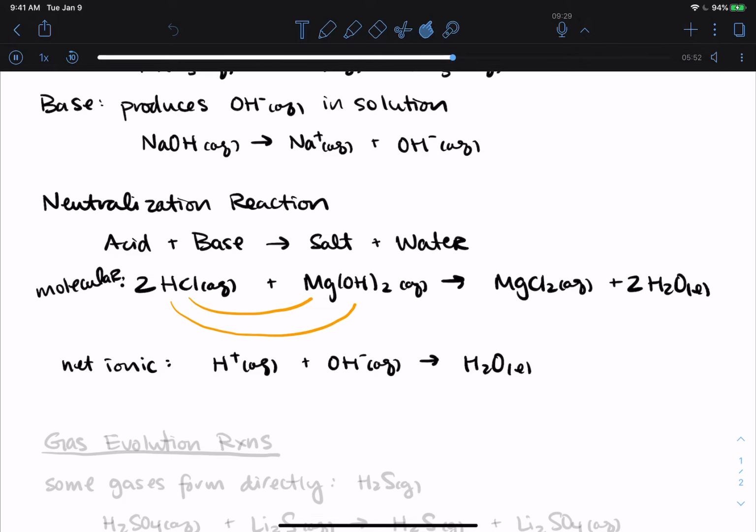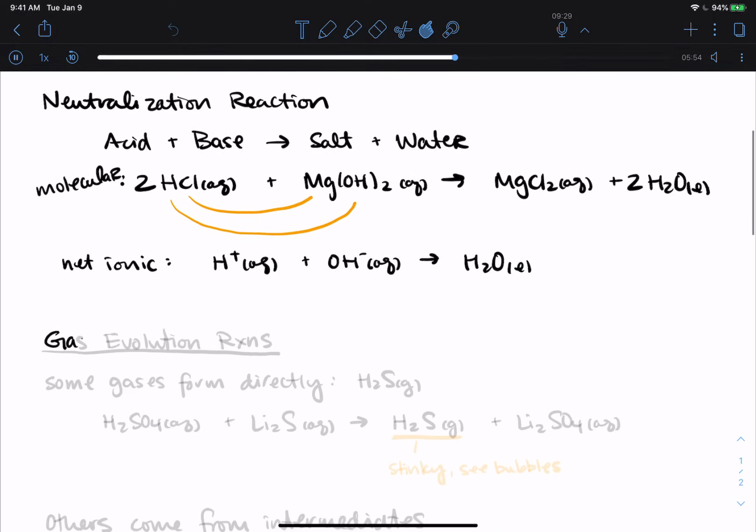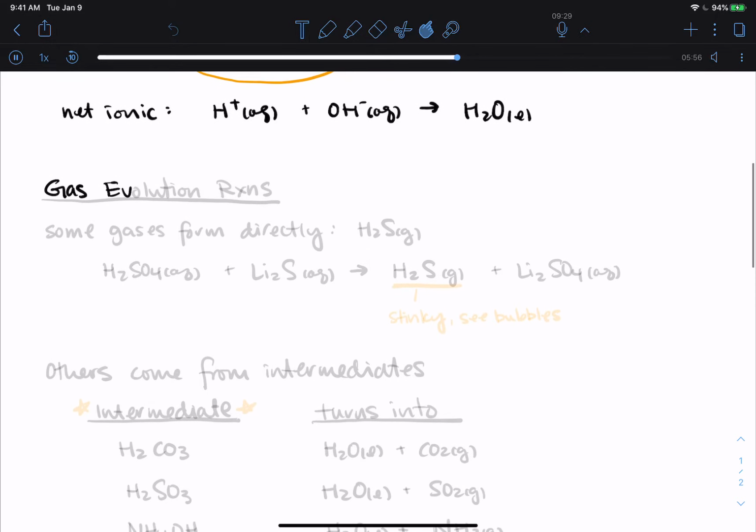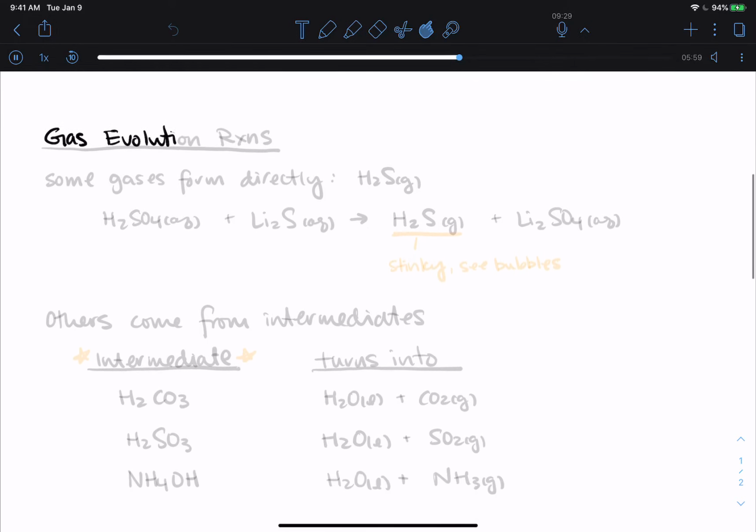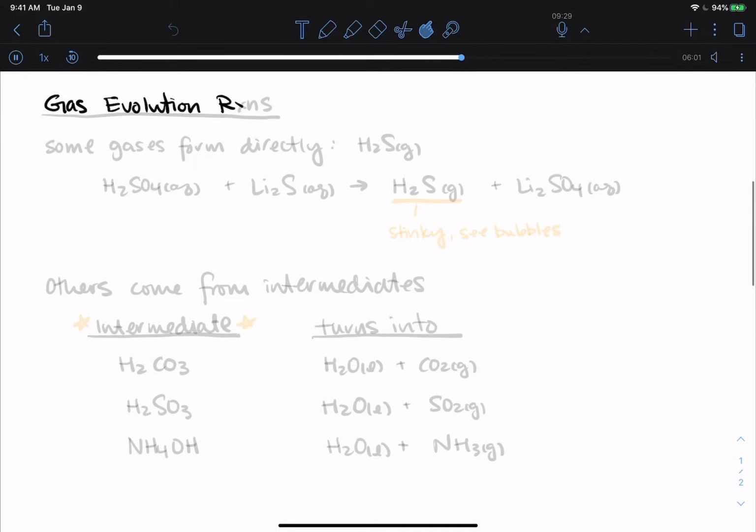A second special type that we need to address are gas evolution reactions. And this is just because every time you do a reaction where you swap partners, you don't always get a precipitate like the last video, or a soluble ionic compound.